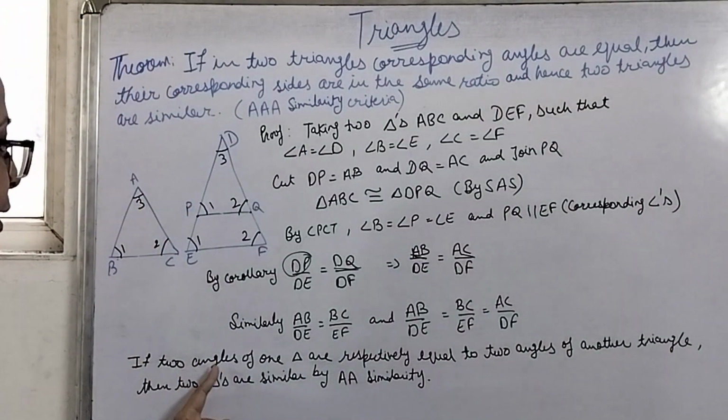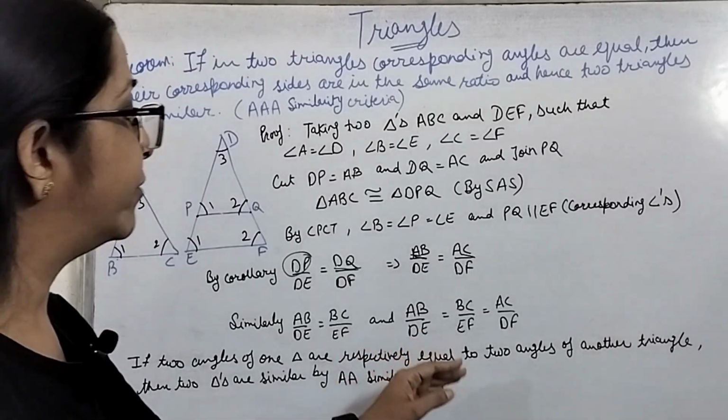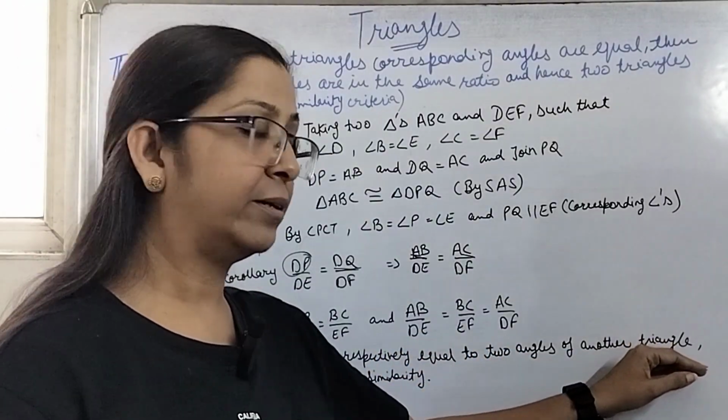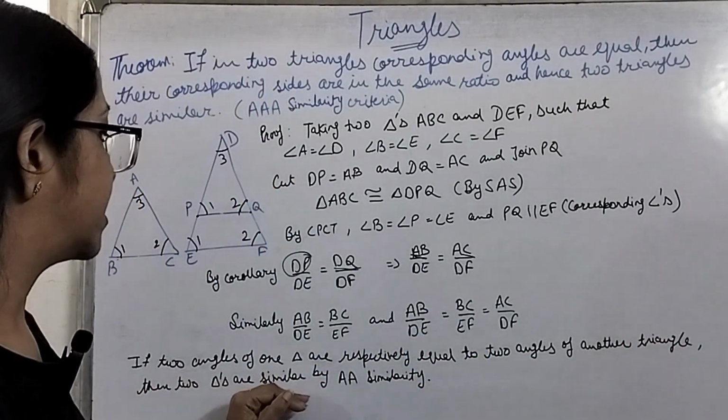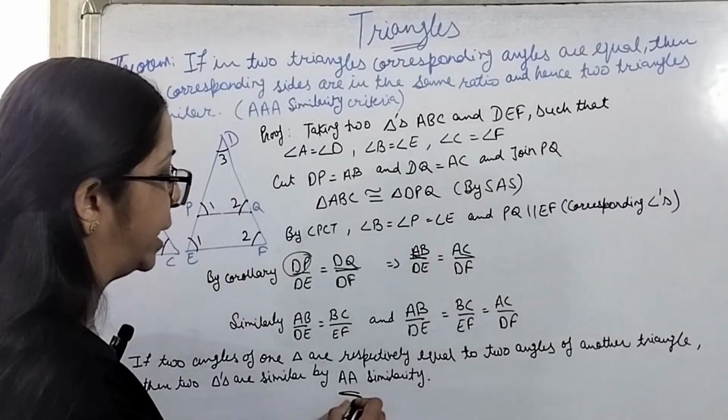That means if two angles of one triangle are respectively equal to two angles of another triangle, then the two triangles are similar by AA similarity.